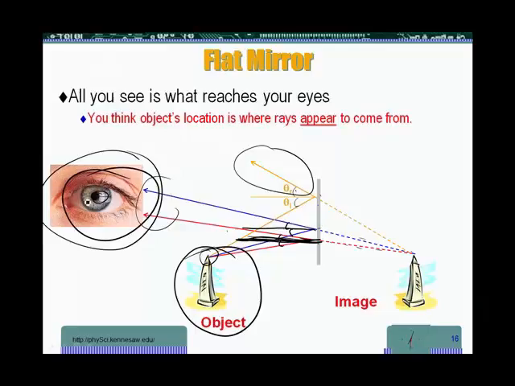So our brain is going to interpret that by thinking there is actually an image of the object here. And that's what we see. So the image is going to appear behind the mirror where there is nothing, because the light reflected off the mirror is going to look like it's coming from here.